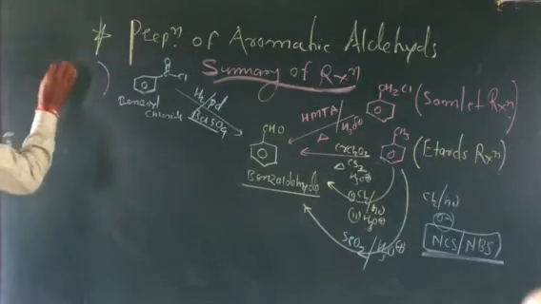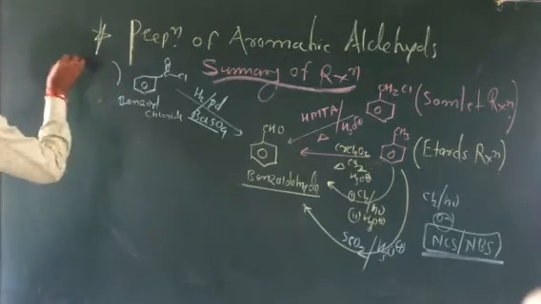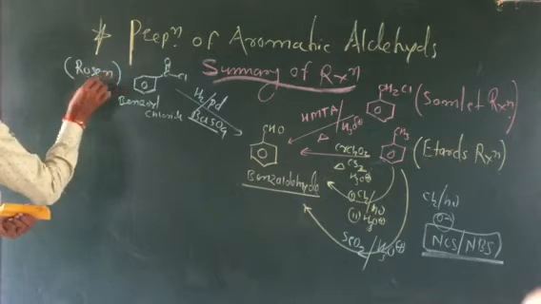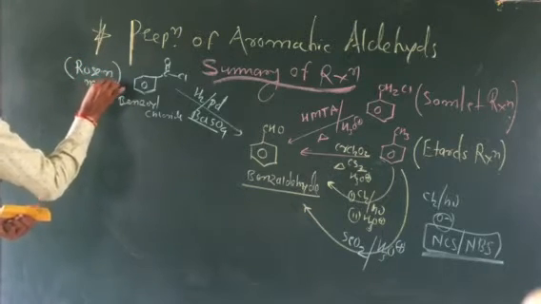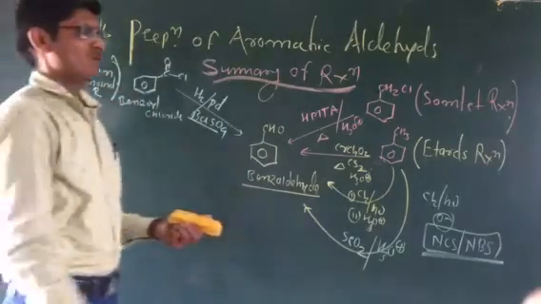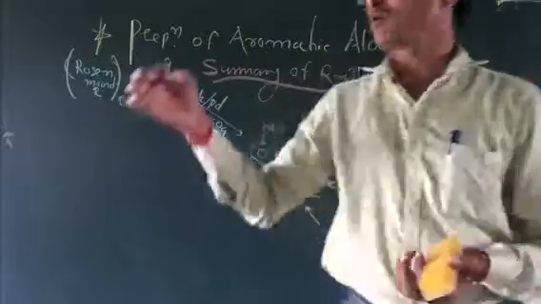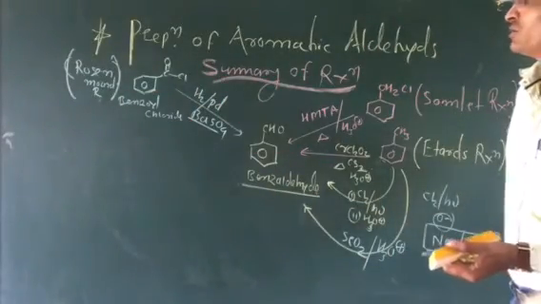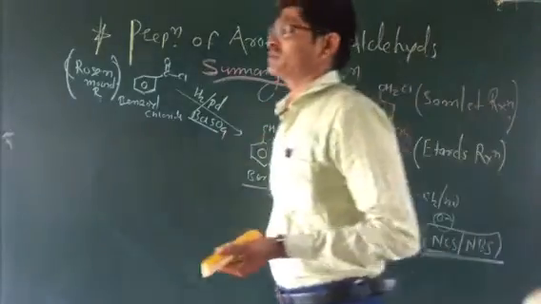The name of the reaction is the Rosenmund reaction. Benzoyl chloride to benzaldehyde using hydrogen, palladium and barium sulfate.